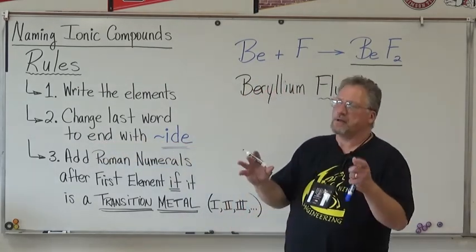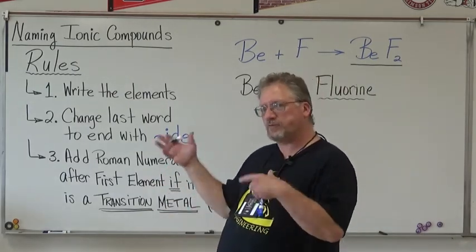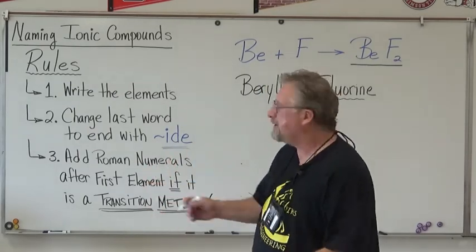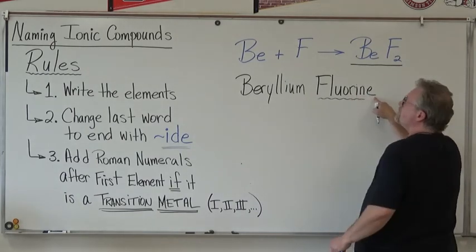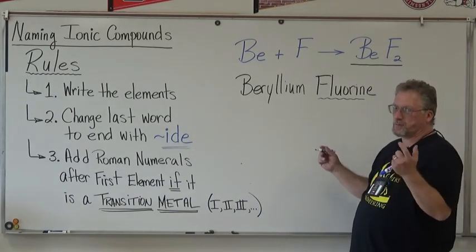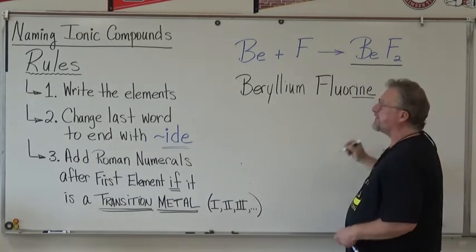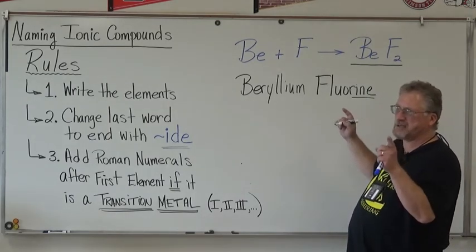Okay, now it's going to take a while, not very long, it's going to take you a little while. Once you see most of these elements and how you change them with an IDE in the end, there'll be nothing to it. So in other words, this INE, we're going to change that to IDE. Instead of INE, we're going to change it to IDE. There we go.